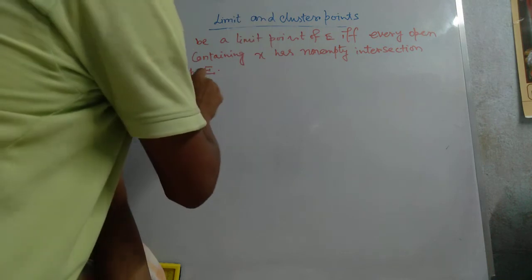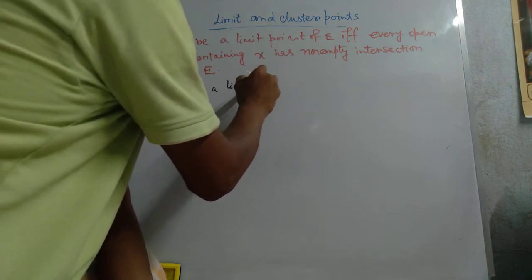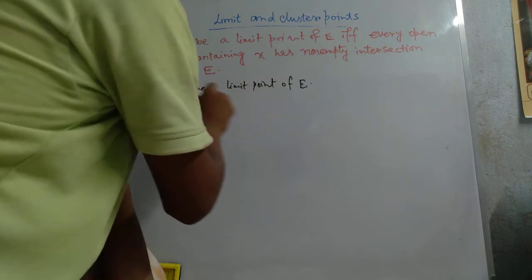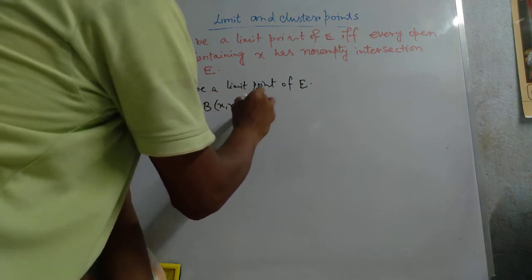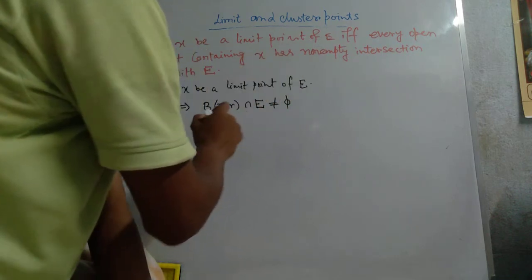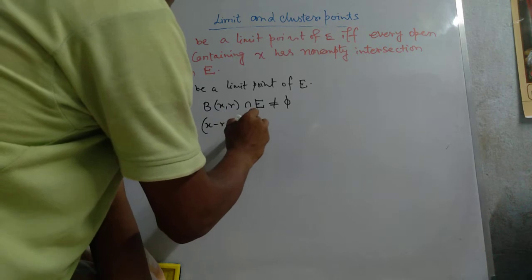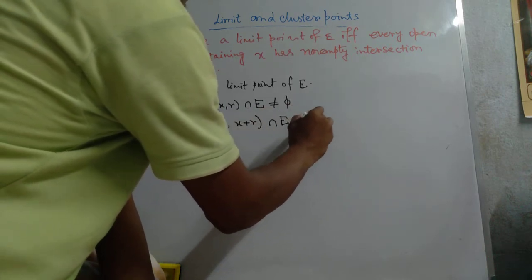If we take x to be a limit point of E, this implies that B(x, r) intersection E is not equal to empty set. This implies that (x minus r, x plus r) intersection E is not equal to empty set.